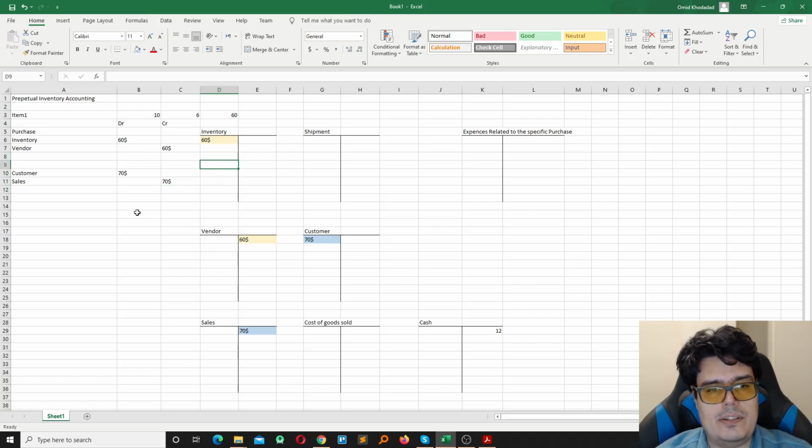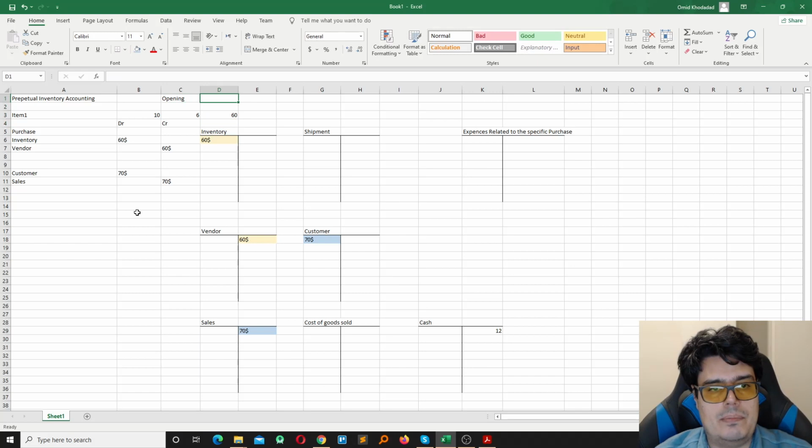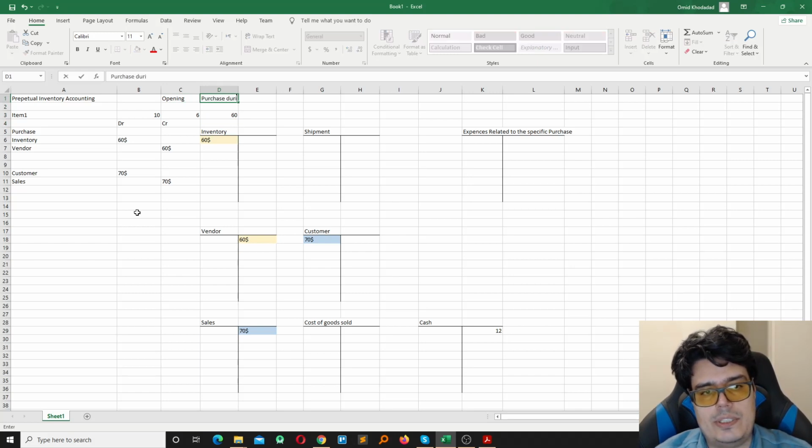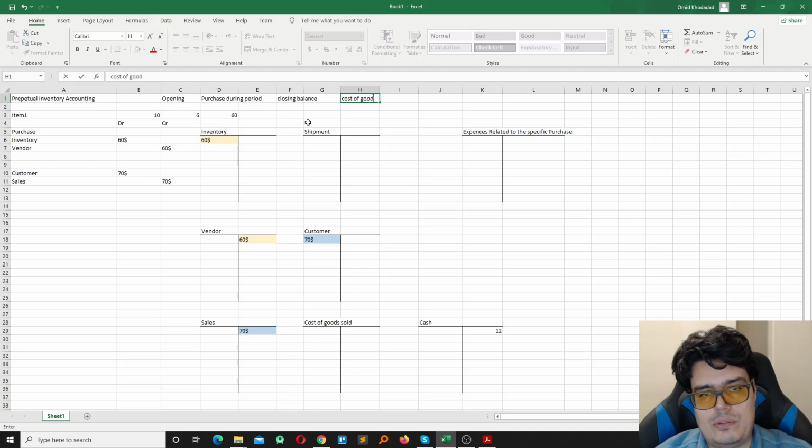If it is period accounting, at the end of the period we have a simple formula which has opening plus purchase during period, added together, minus closing balance, closing quantity. That would be cost of goods sold.